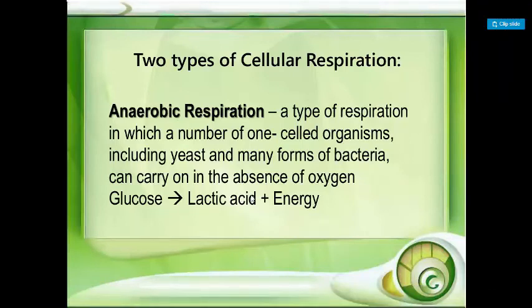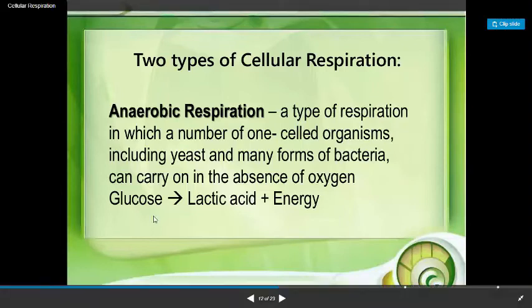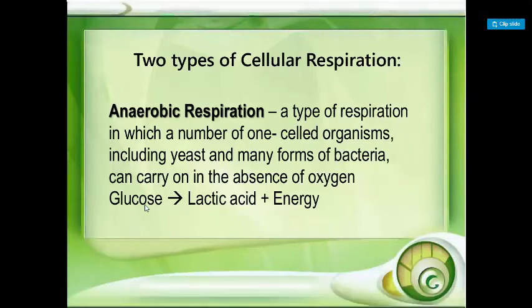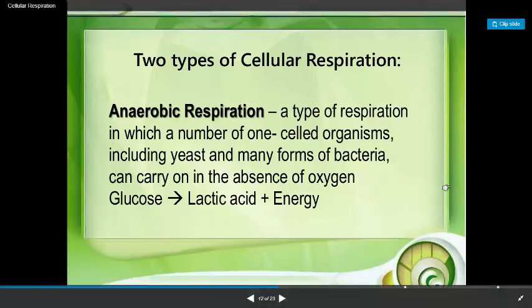The cellular respiration that happens in our cells and in the plants includes both parts: the aerobic part and the anaerobic part. During the anaerobic respiration, there is glycolysis. Lysis means breaking down. So the glucose is going to be broken down into lactic acid and energy.